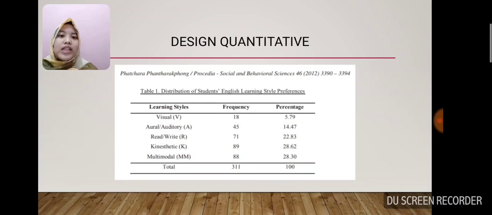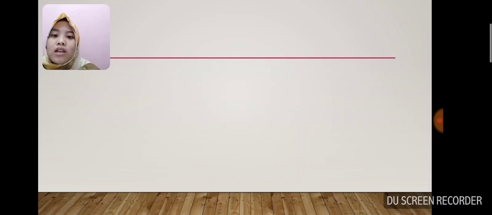Read or write is the type of student who likes to read and write. Kinesthetic means students enjoy learning that involves movement; they like to move. And the last learning style is multimodal, where students have a balance across several learning styles.